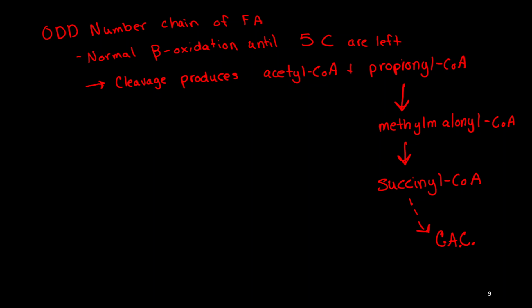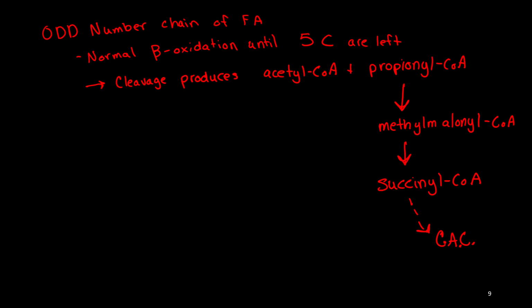For the most part, most of the fatty acids that you encounter on a daily basis are going to be the even number. However, you do encounter some odd number fatty acids due to odd bacteria metabolizing fatty acids and a few other things going on here. So that's why your body needs a way of handling these odd numbered chains.